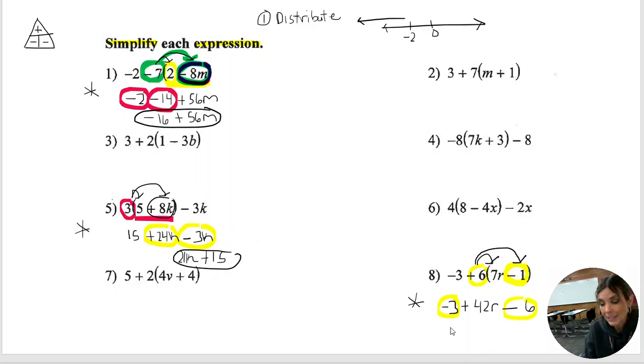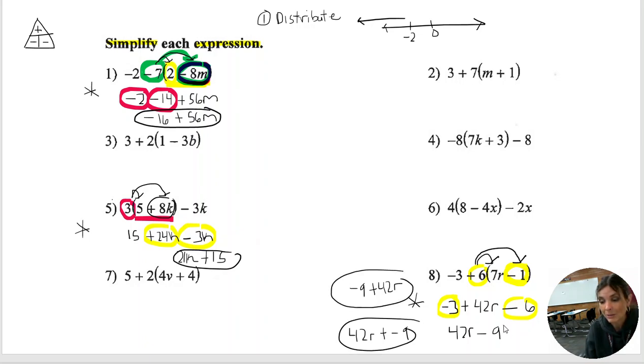So that's going to give us a negative 9, so 42r and a negative 9. I could also write this as 42r plus a negative 9. I could also write this as a negative 9 plus 42r. Those are all equivalent expressions.